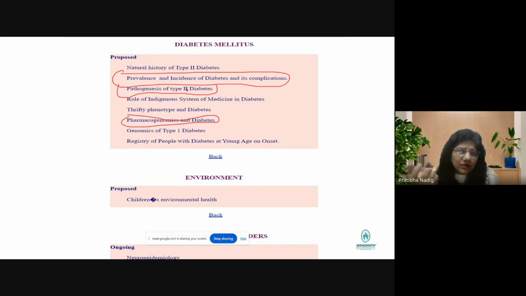We did not know what we had to eat, what is glycemic load, glycemic index. So much is being talked about that the common man also now knows about glycemic index and glycemic load. So we need to take those topics, but see what needs to be done further. For that, we need further research and a review of literature, which I will tell you about.